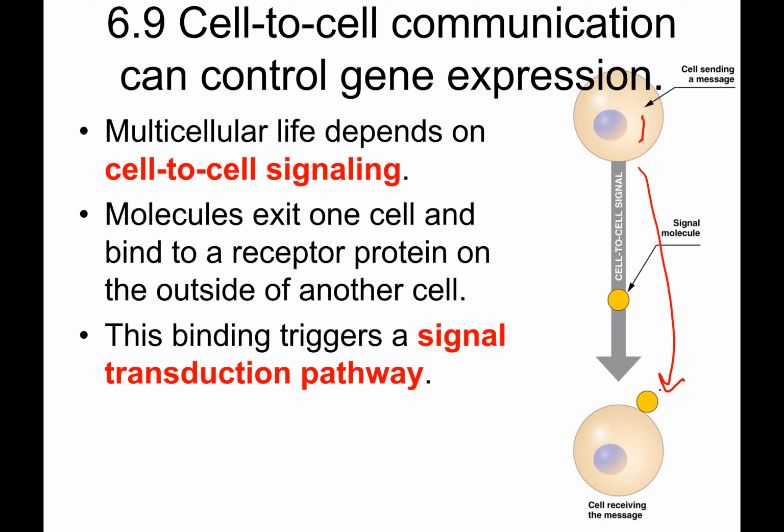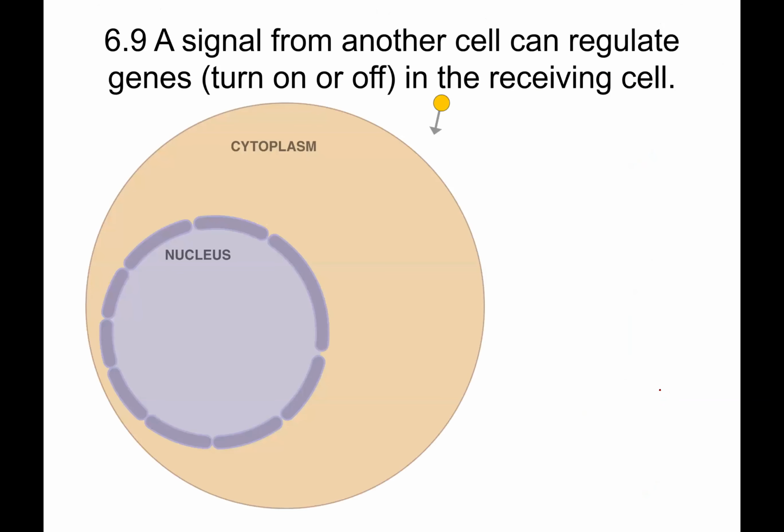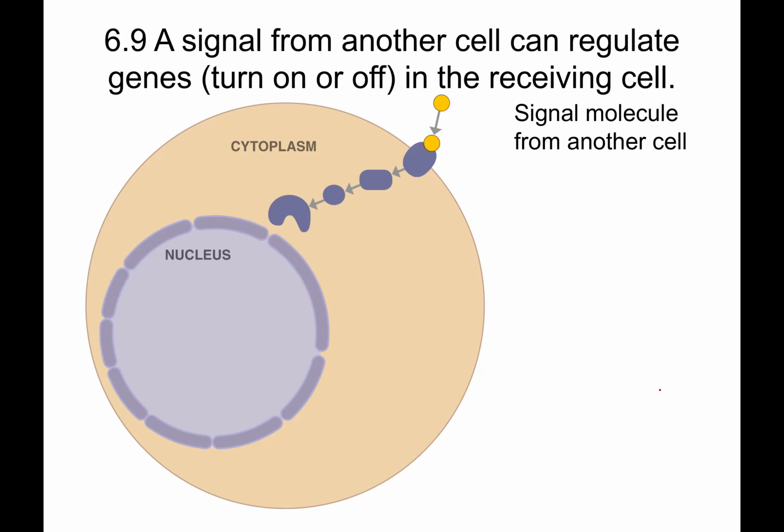This starts what we would call a signal transduction pathway. In a signal transduction pathway, a signal from one cell regulates or turns the genes on and off in the receiving cell. So in this example, a signal molecule from another cell binds to a receptor on the second cell's plasma membrane.